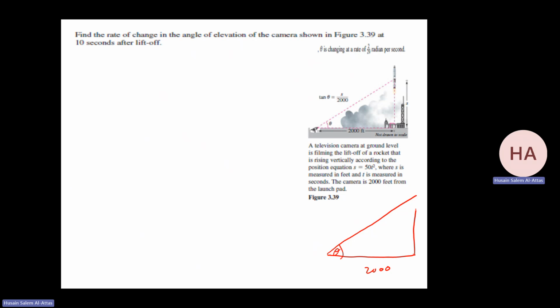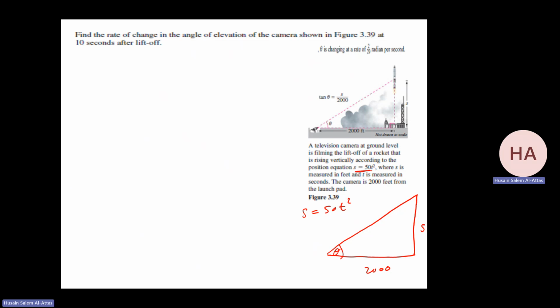And this is the rocket going in this direction, so the distance traveled, we call it S. A television camera at ground level is filming this. S equals 50 t squared, where S is measured in feet and t is measured in seconds. The camera is 2,000 feet from the launch pad.